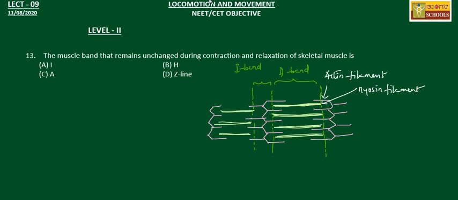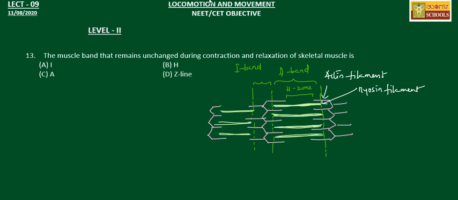Now there is a region where the myosin is not covered by the actin filament. So this portion from here to here is the H zone.